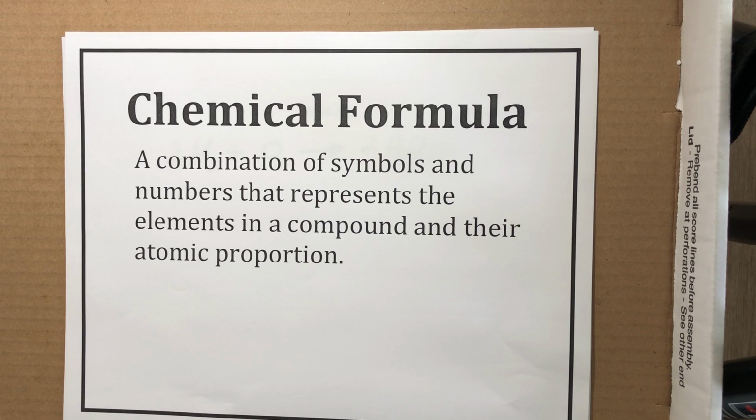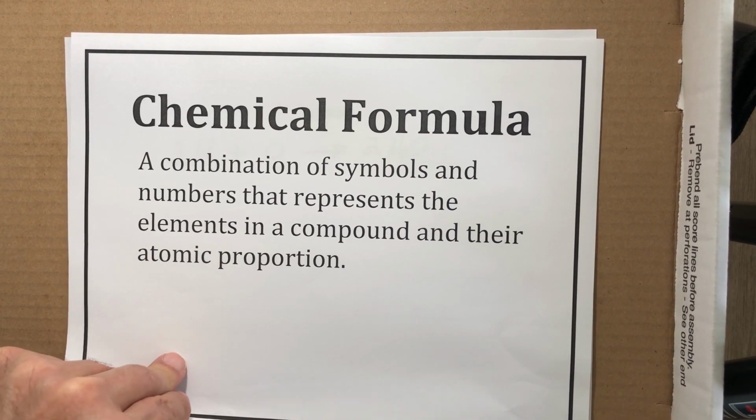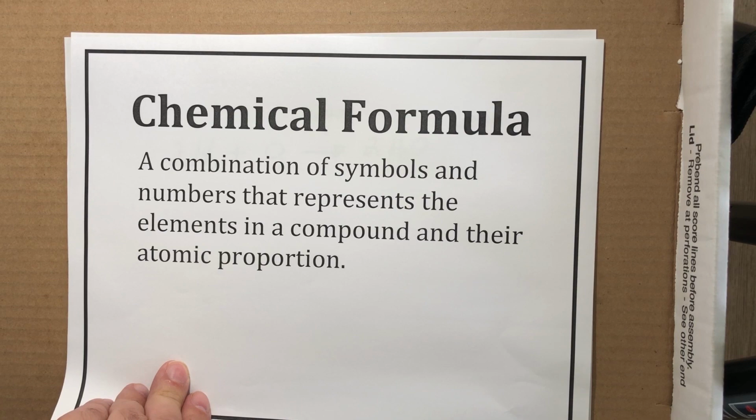But a chemical formula is a combination of symbols and numbers that represent the elements in a compound and their atomic proportion. And so it gets a little more precise. So let's go back and take a look at what that meant in terms of our equation.